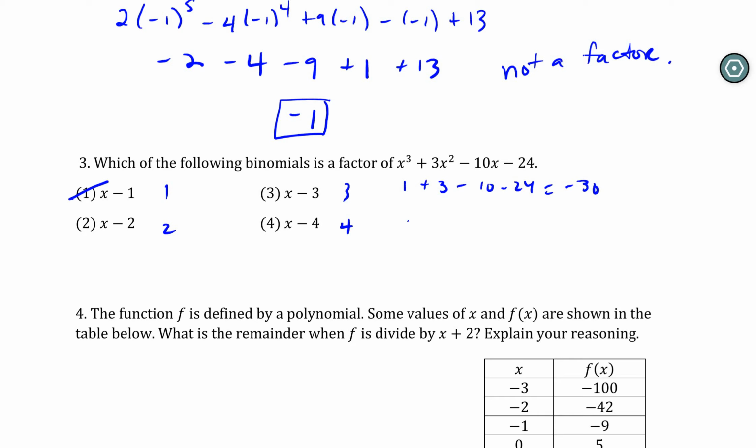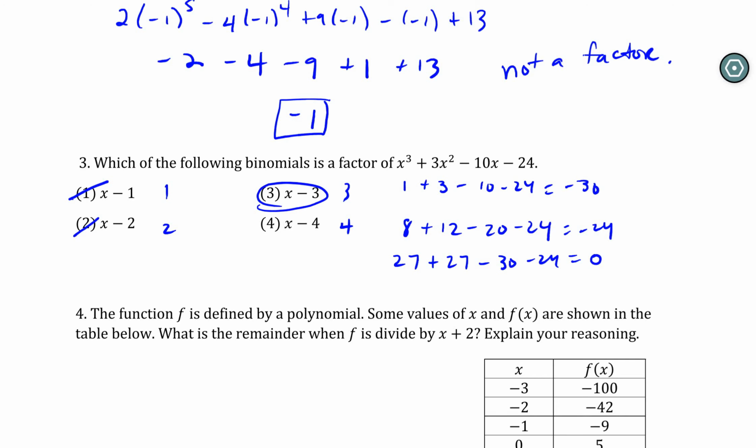If I plug in 2, that's going to give me 8 plus 12 minus 20 minus 24. Well, that's going to give me negative 24. Not my answer. If I plug in 3, that's going to give me 27 plus 27 minus 30 minus 24. Well, that gives me 54 minus 54, 0. That's what I want. So that's my answer.